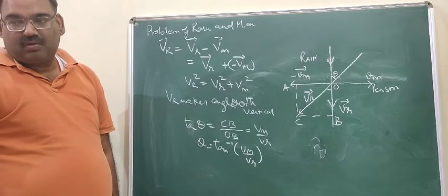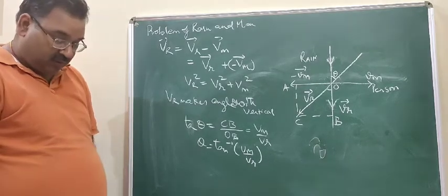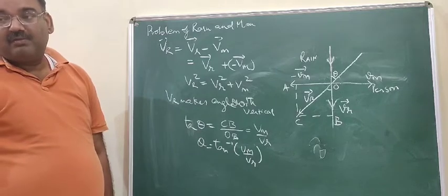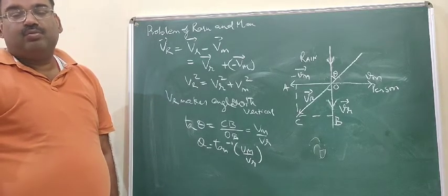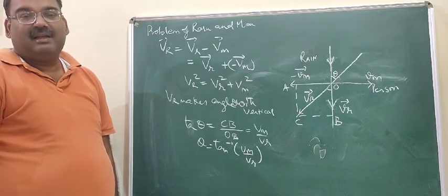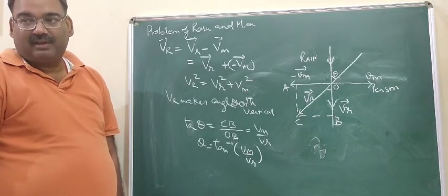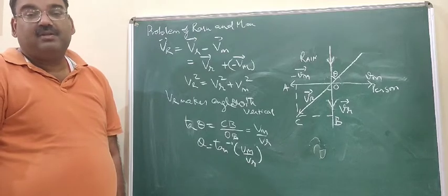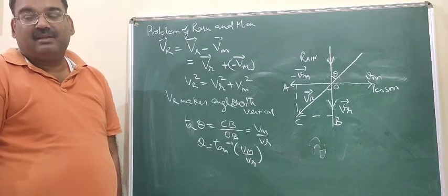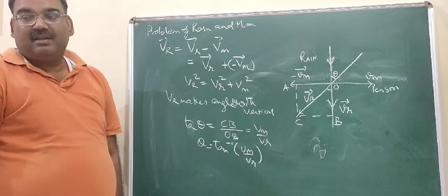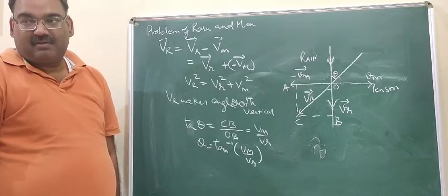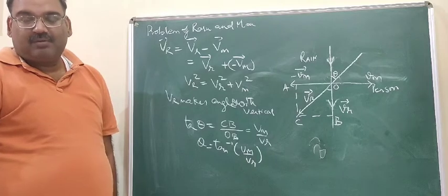Actually, the raindrops are falling vertically downward, but once we are moving with a speed, they appear to strike us at an angle theta. The greater the speed with which we are moving, the greater is the angle with which it strikes our face. The angle is from the vertical.